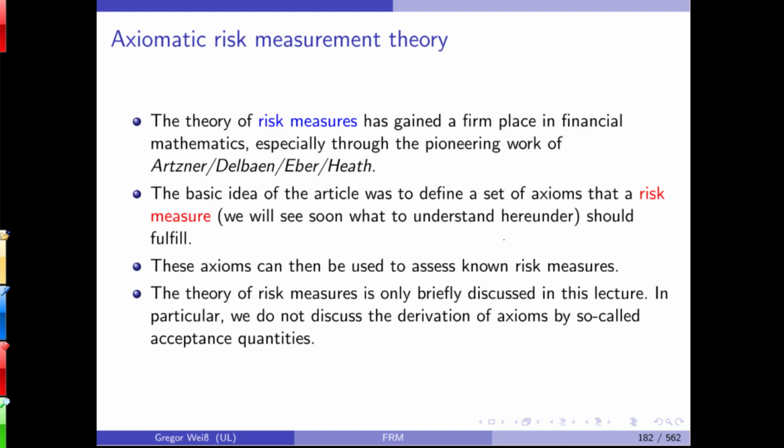I'm not discussing all the mathematics behind this. In the paper, it's a very nice idea. They start more or less from geometry, from the geometry of the space of admissible random variables, of admissible risk, and they argue that a regulator, like God, decides which risks are acceptable and which are not.